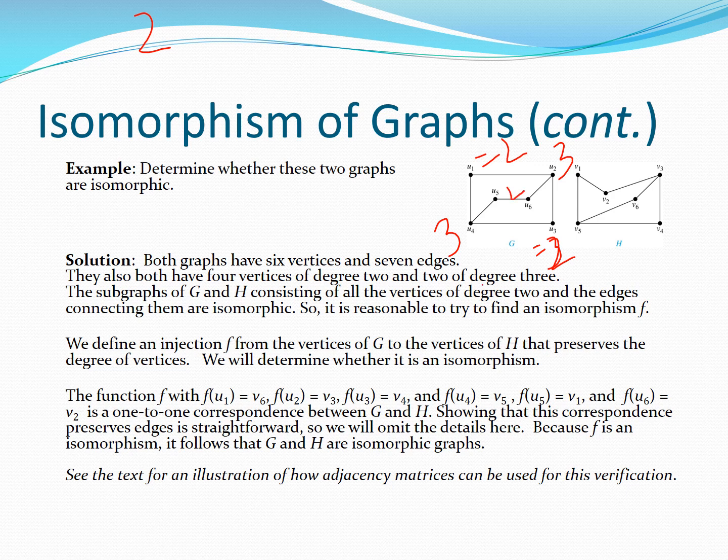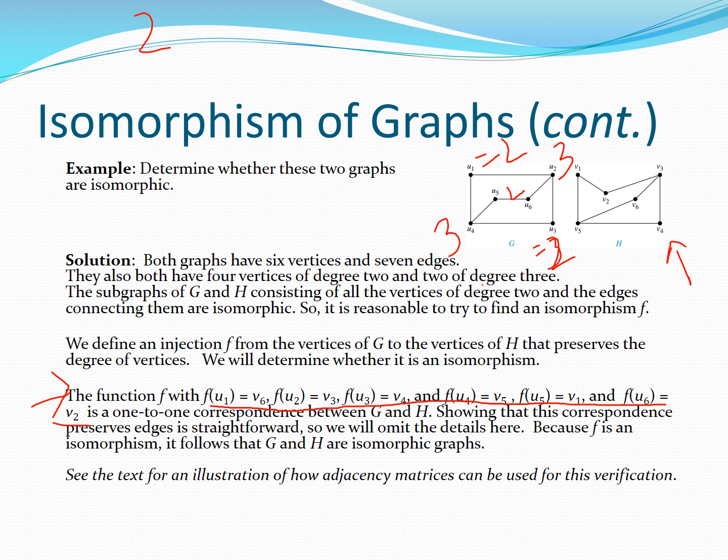Now the same way, list the degrees for each of the vertices in your graph H, and then try to find the correspondence between the vertices which have the same degree. After a couple of trials you will be able to find the function that will give you the correspondence between the vertices in graph G and graph H. The function that determines the correspondence is given right there.